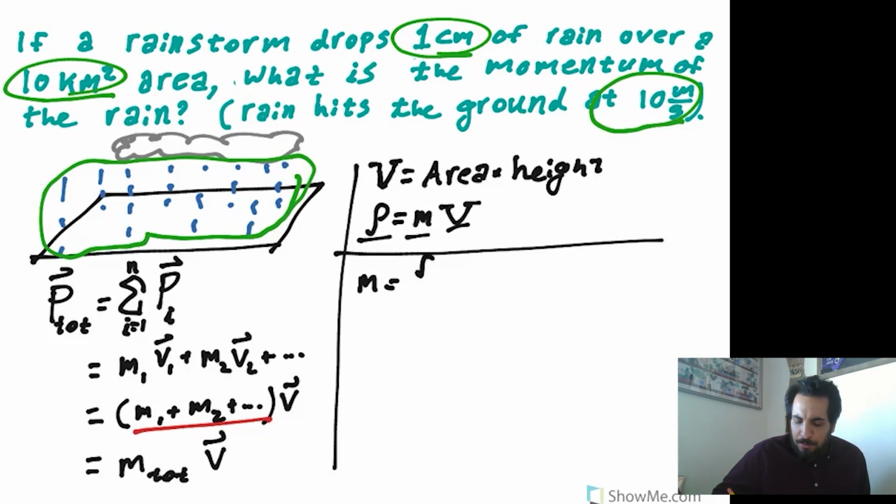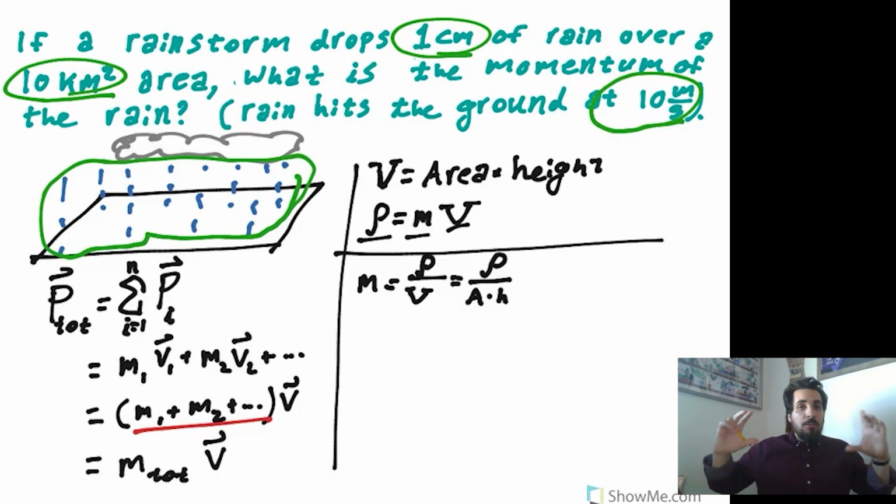The mass is the density times the volume. Well, the volume was area times height, so we can write this as the density times the area times height, where the area is your 10 square kilometers and your height is 1 centimeter. All right, well, that's the total mass of the volume of water that's hitting the ground, the total mass of all of the rain that hits the ground.